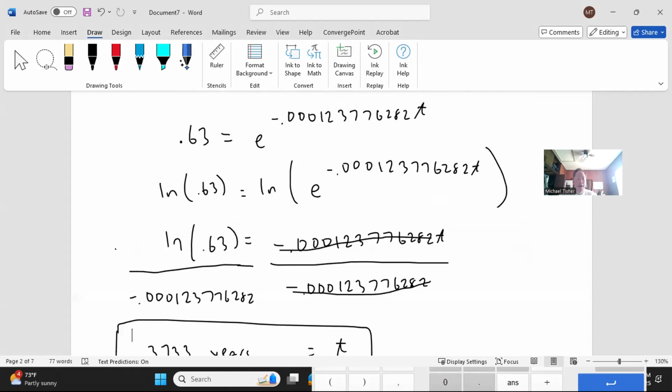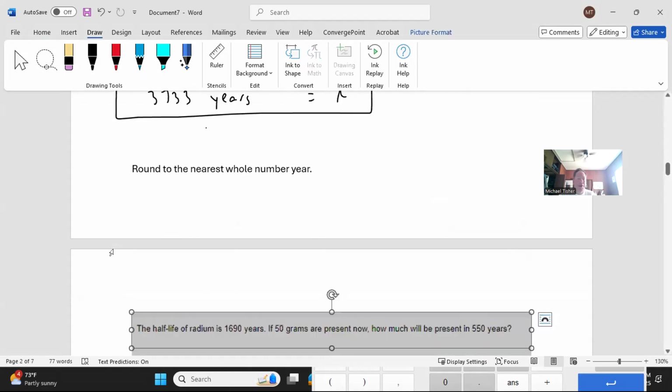And we do get an answer that's 3,733, which is less than 5,600. So that seems to be the right answer. If we got more than 5,600, then something was done wrong. But in this case, since we got less than 5,600, this answer seems to make sense. So 3,733 years.